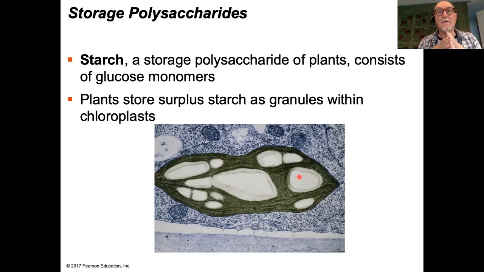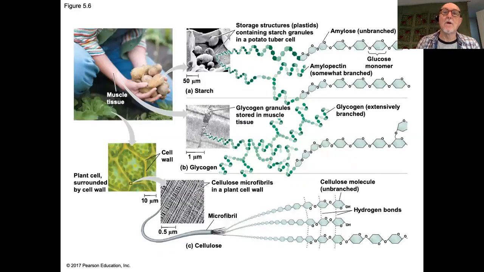Other plants will store starch granules inside specialized cells. For example, in tubers like potatoes, there are specialized cells which are jam-packed with starch granules. So that is the chief storage product of plants, starch. And we have a look here, and we'll see there are different forms of starch inside a plant.